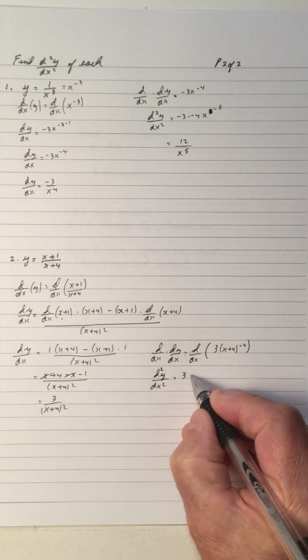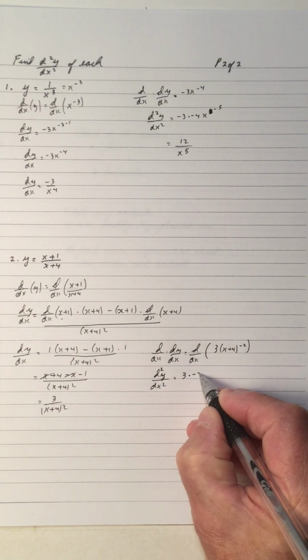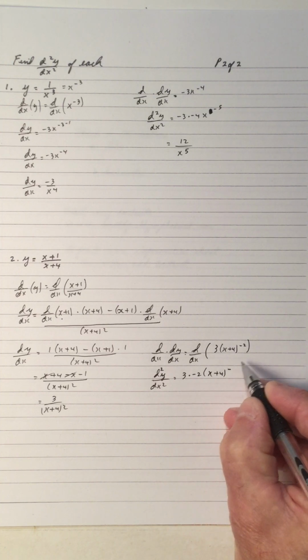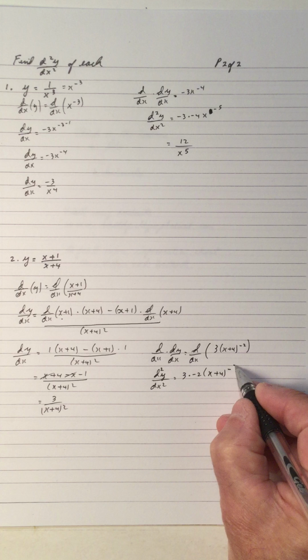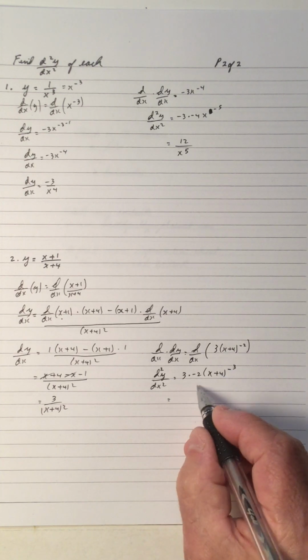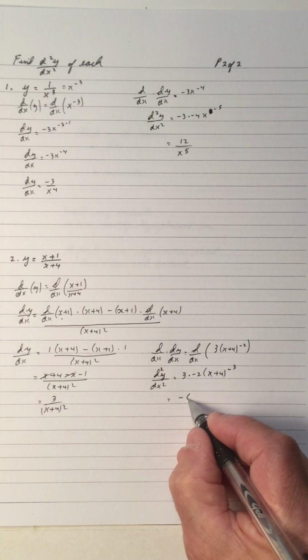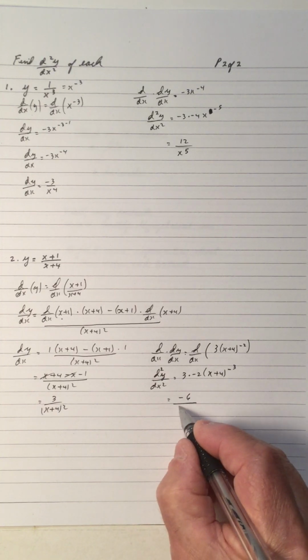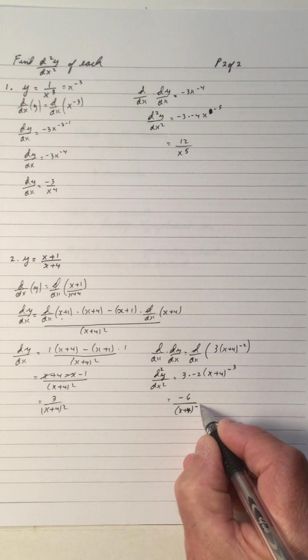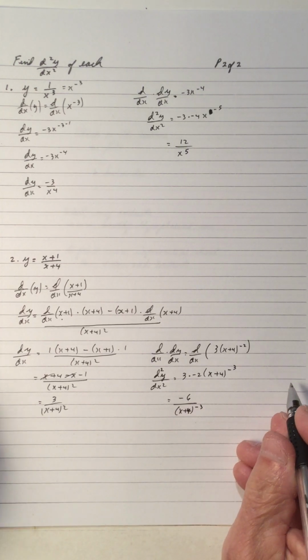This is the power rule, so it's negative 2 in front, x plus 4, and negative 2 minus 1 is negative 3, and the derivative of the inside is 1. So that becomes negative 6 times x plus 4 to the negative 3.